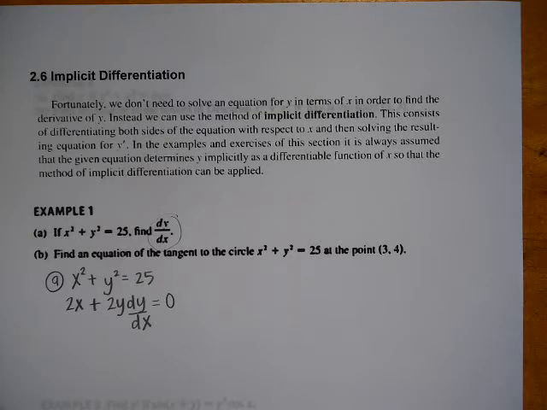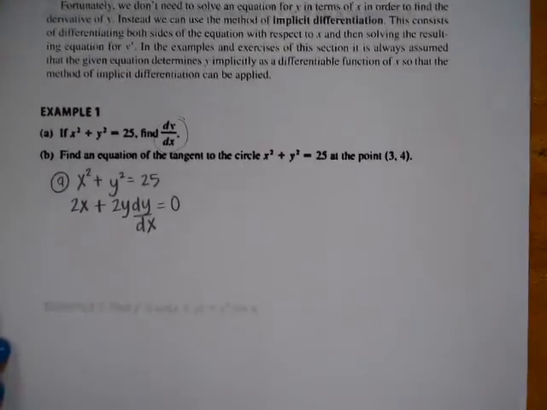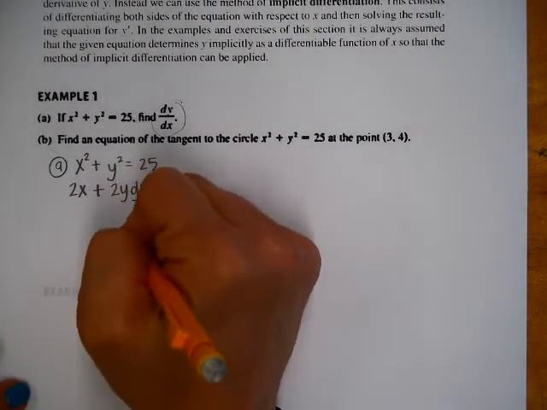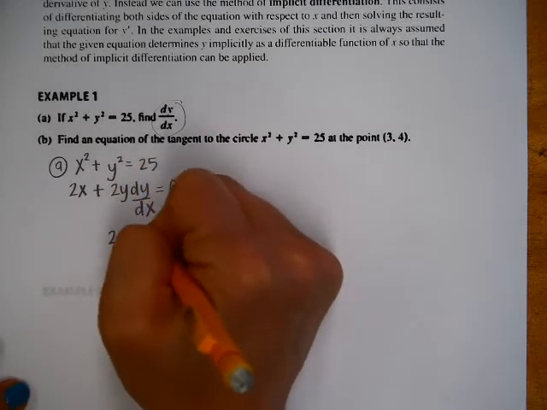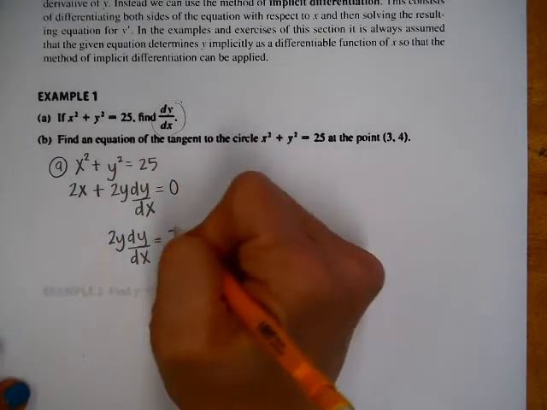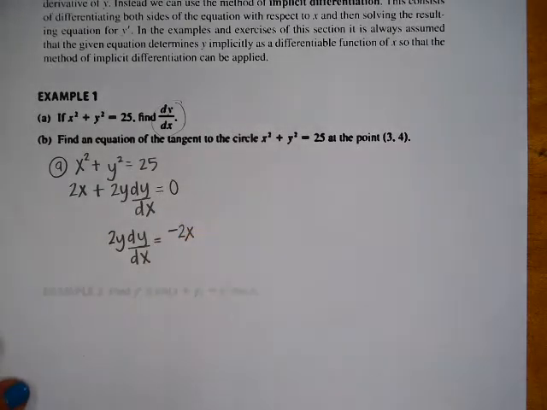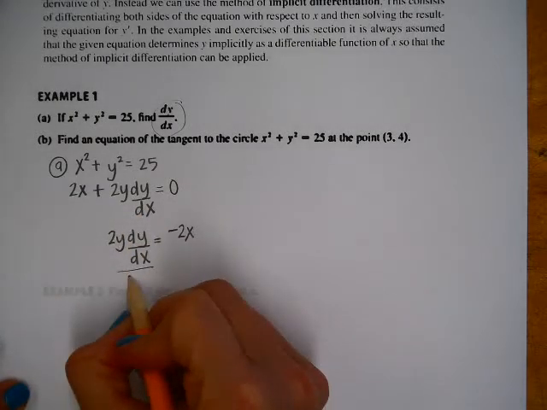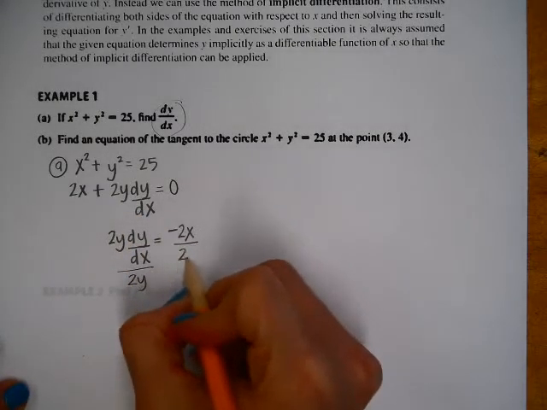Now we are going to solve for dy over dx. We want dy over dx on one side by itself and everything else on the other side. So I'm going to leave 2y dy over dx, and I'm going to move over my 2x, making it a negative 2x. Again, my goal is to have dy over dx by itself, so I'm going to divide both sides by 2y.